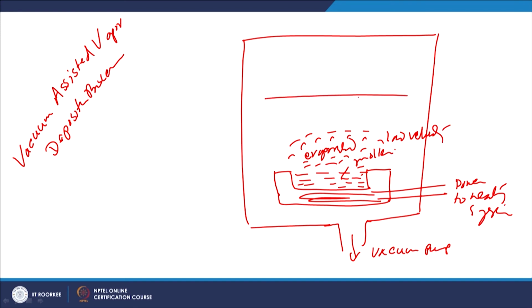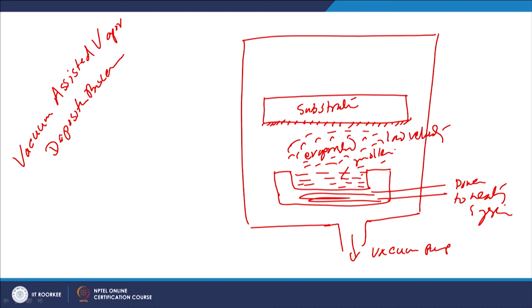On the top of it we put the substrate or the component whose surface is to be modified. So the low velocity moving gases will be impacting with the under surface of the substrate, and after that they will get deposited.